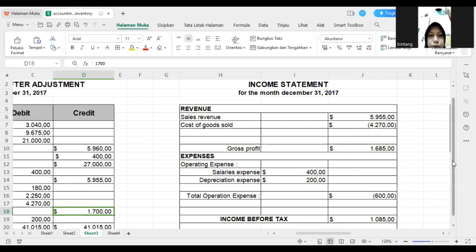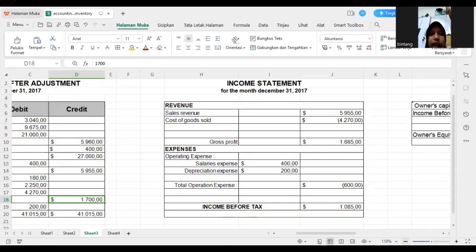In revenue, there are sales revenue and cost of goods sold. The amount of sales revenue is $5,955, and we less it with cost of goods sold. The amount is $4,270, and we get the gross profit, which is $1,685.